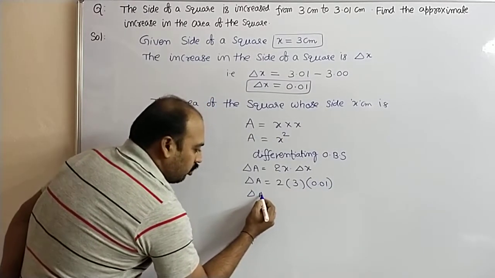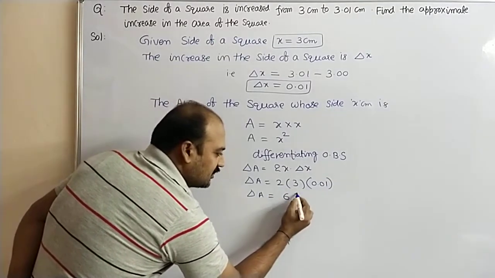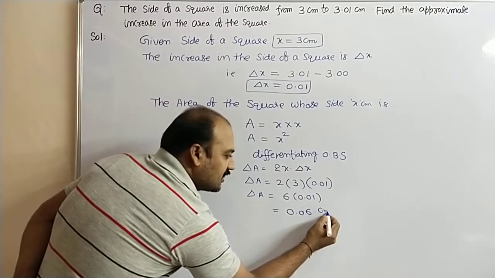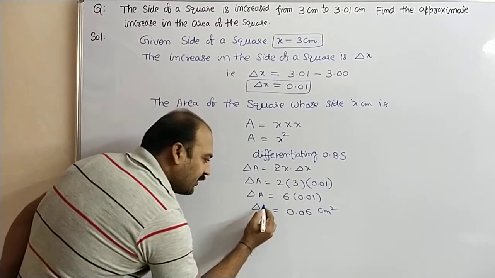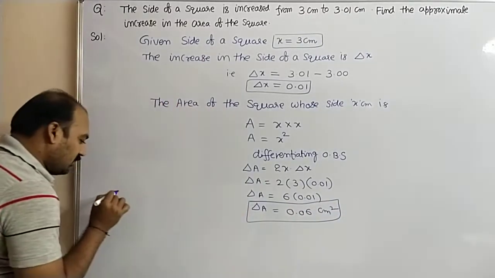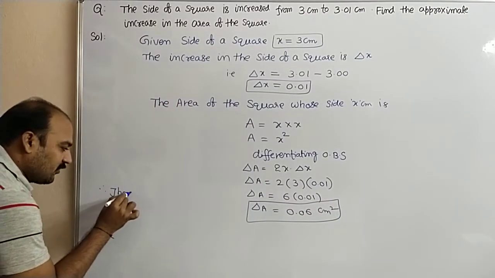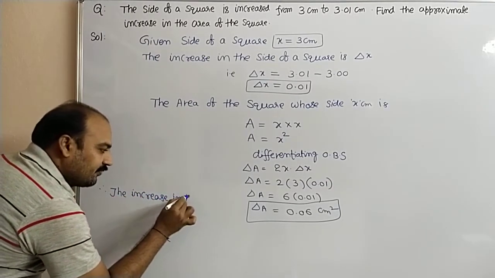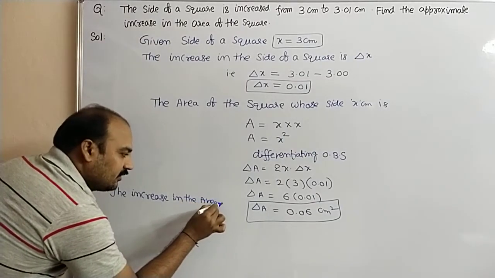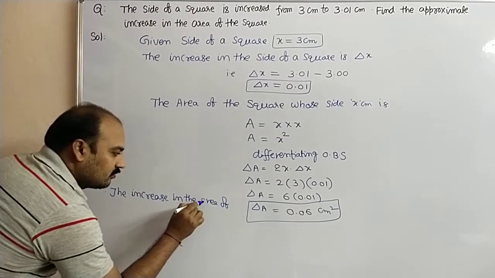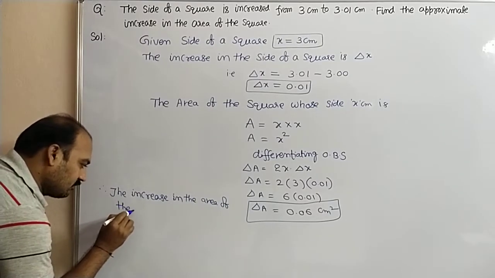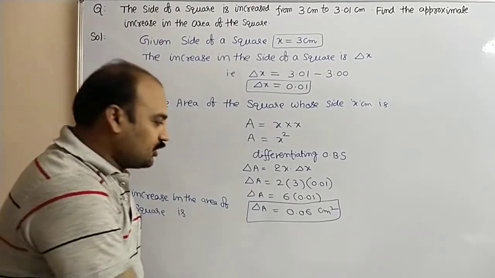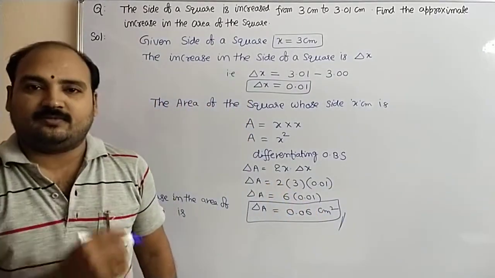So delta A equal to 3 into 2, 6 into 0.01, which is equal to 0.06 centimeter square. Delta A measurement is very much required. Therefore, the increase in the area of the square is delta A equal to 0.06 centimeter square.